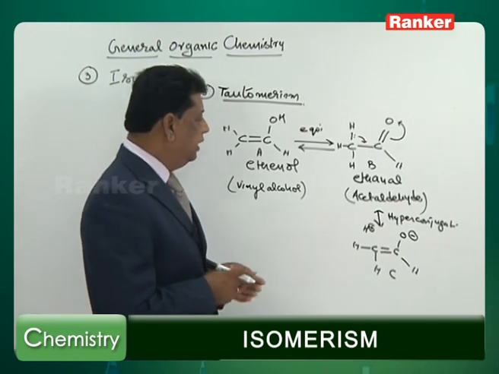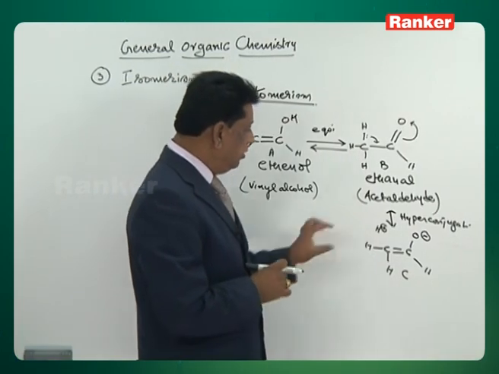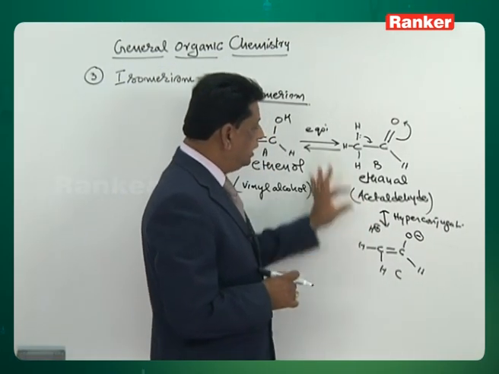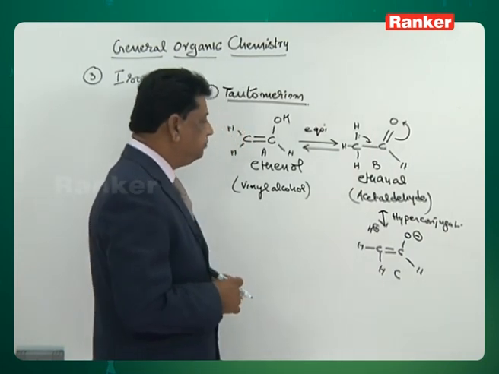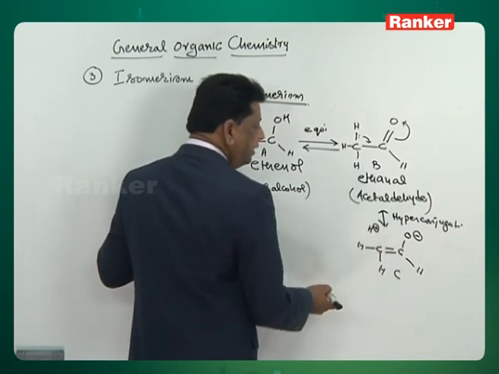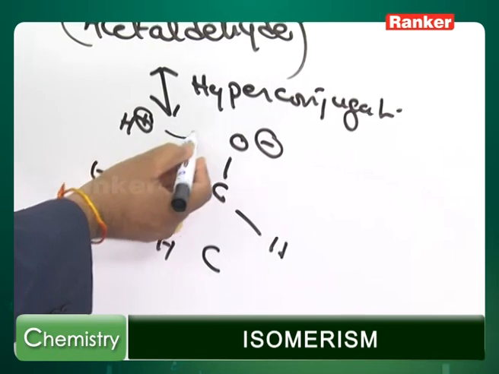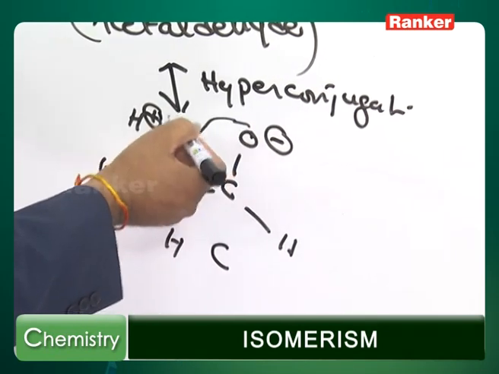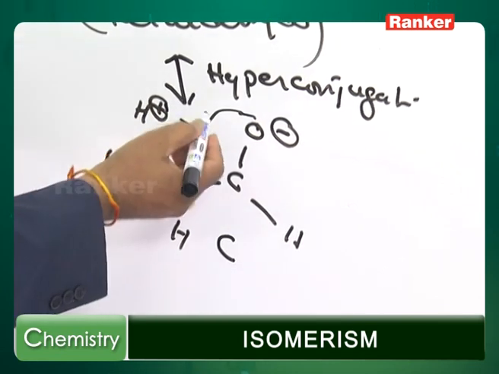Like that, hyperconjugation is also a no-bond resonance, where a bond is opened and we write the resonance using the sigma electrons, sigma-pi conjugation and so on. Sometimes, because of the proximity of the minus charge, the H plus may attack the minus, or the minus may attack here, vice versa.